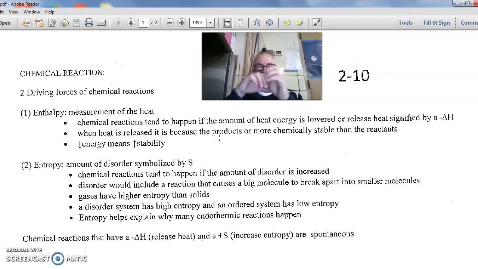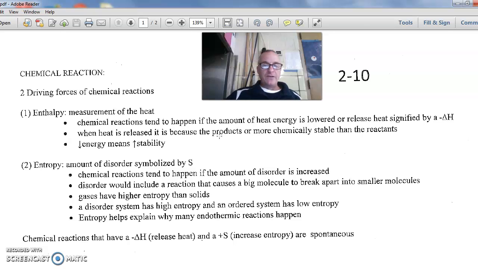Some reactions, though, take less energy to break apart the reactants than is released when new bonds form as a product is created from the reactants. In that case, if the energy coming out of the reaction is more than what went in, the overall enthalpy change, or the overall heat change, would be negative. More was released than was taken in.